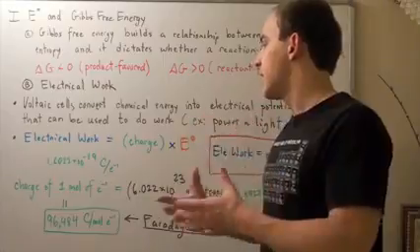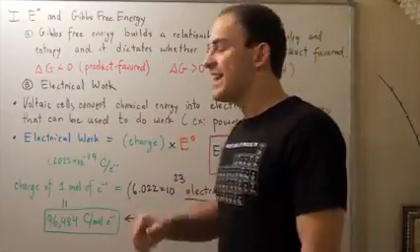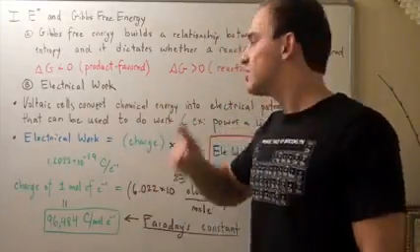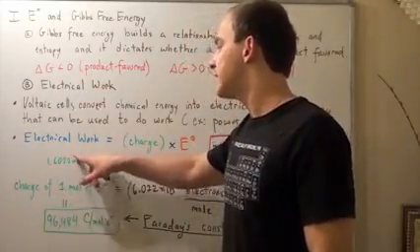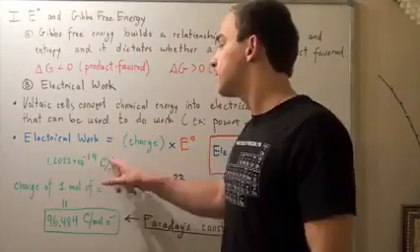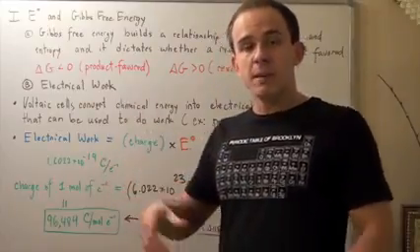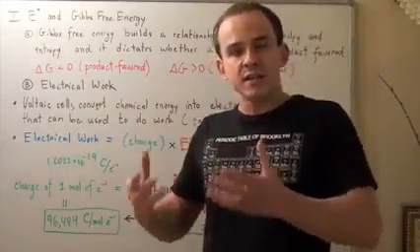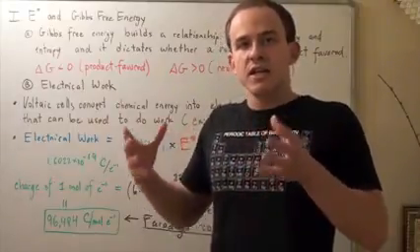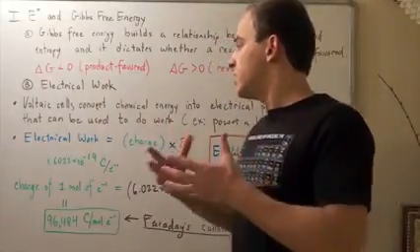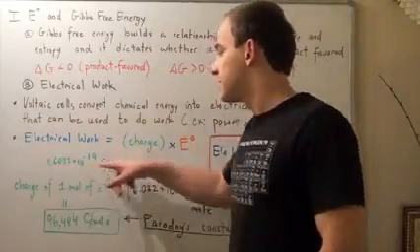Recall that a single electron has a charge of 1.6022 times 10 to the negative 19 coulombs. This is per one electron. But obviously a single battery, a single electrochemical cell, has many electrons within itself. That means we're dealing with a lot of these.